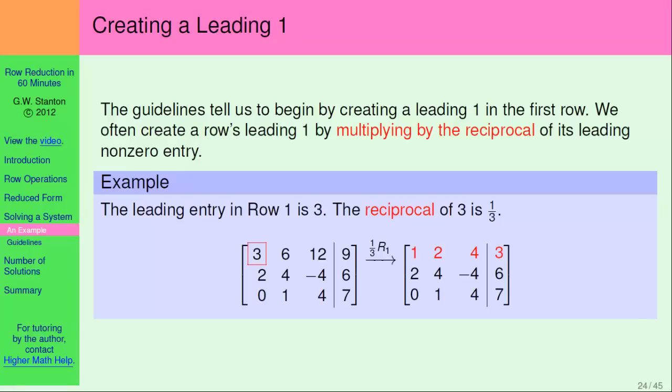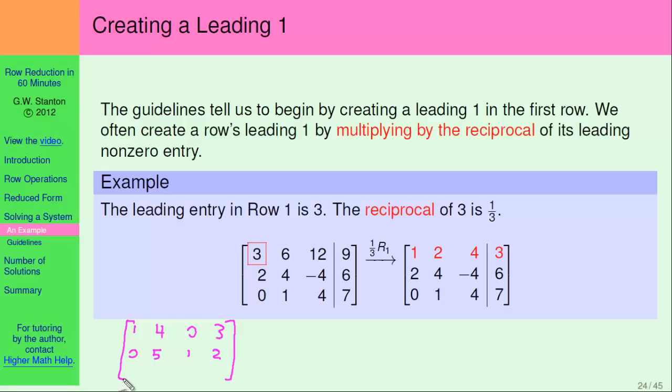Before we move on, I want to make it clear why we always want to create a leading one in the same way. And let's do this with an example. So, something that often happens is that a student will be reducing a matrix and everything will be going along nicely.